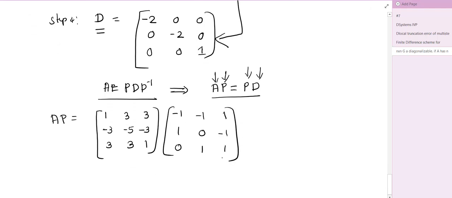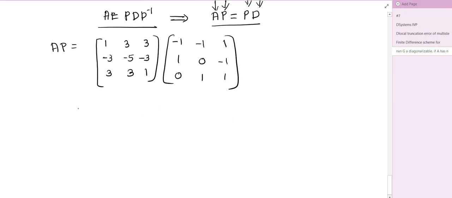So 1 into minus 1 is minus 1, plus 3, plus 0, then minus 1, plus 0, plus 3, to this row with this column, that is 1, minus 3, plus 3.